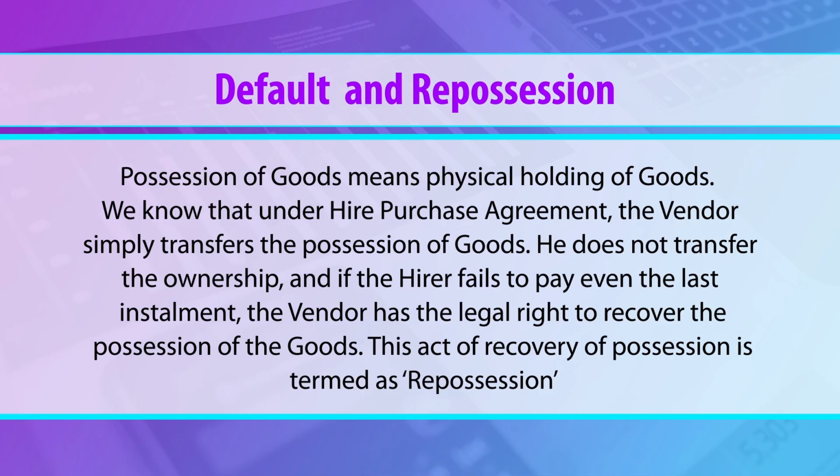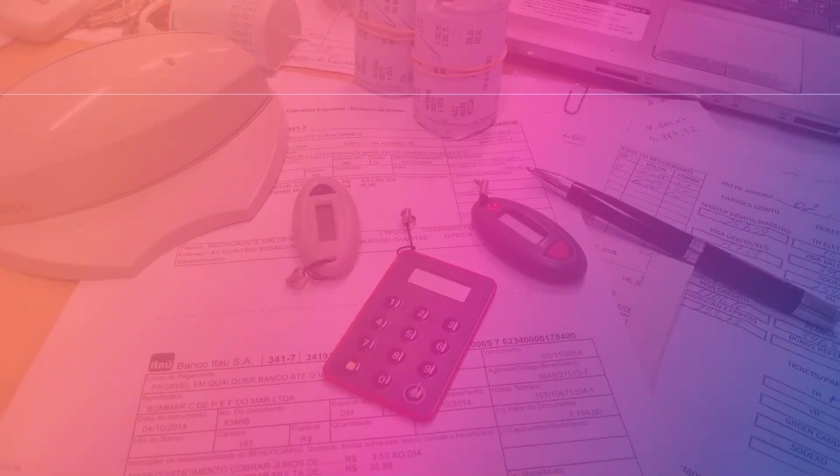When the hire purchaser does not fulfill his obligation, the hire vendor has every right to recover the possession of the goods. This act of recovery of possession is termed as repossession.